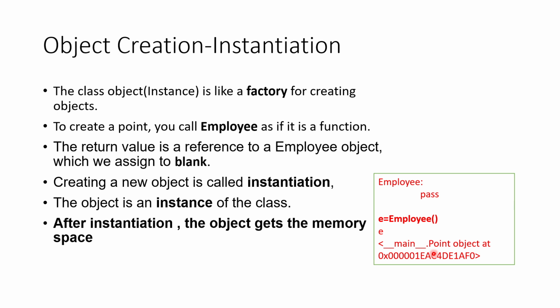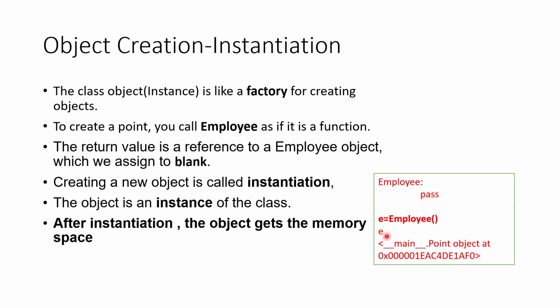The object creation process is called instantiation. The class object is like a factory for creating objects. To create that object called employee, this statement is used. Here, this is a reference variable and this is the class name.